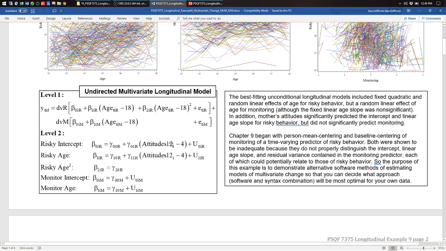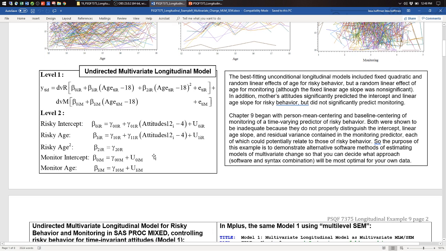So I have a covariate that's predicting risky behaviors, intercept, and slope, which is parental attitudes at age 12 about smoking and drinking. So basically like permissiveness. Thinking that maybe parents who are more permissive have kids who are less well behaved. It did not predict monitoring in my example, and so it's not used as a predictor of monitoring.